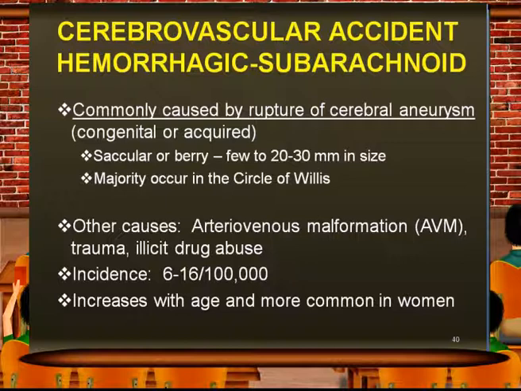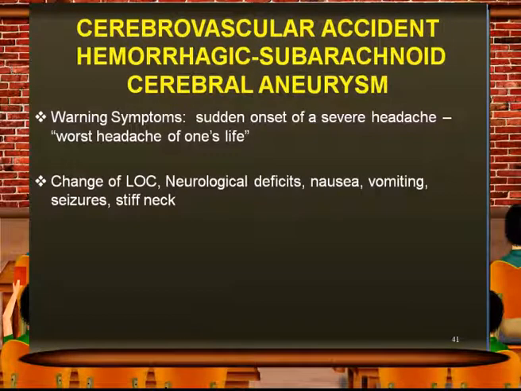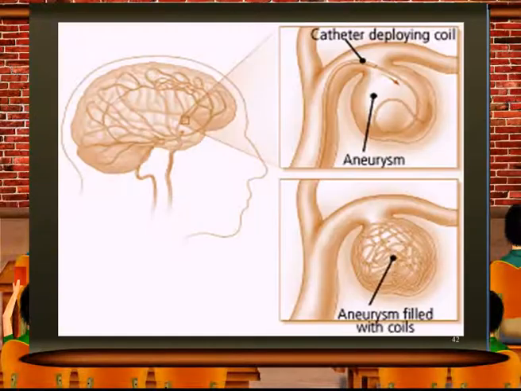The warning symptoms of cerebral aneurysm may be sudden onset of severe headache, the worst headache of one's life, change of pressure in the brain, and neurological deficits. Now you see this picture showing an aneurysm, and there is a catheter by which you can take an angiogram and look for the aneurysm.